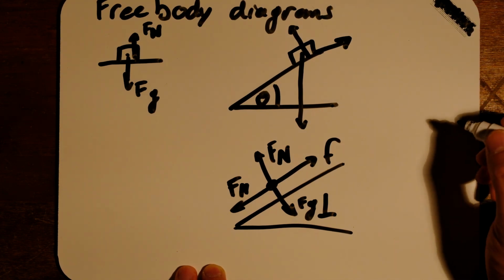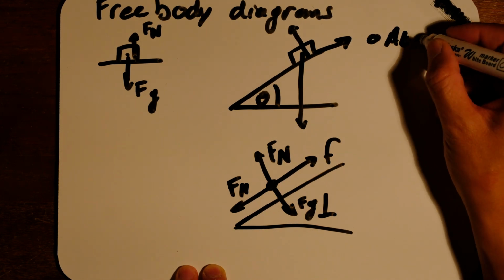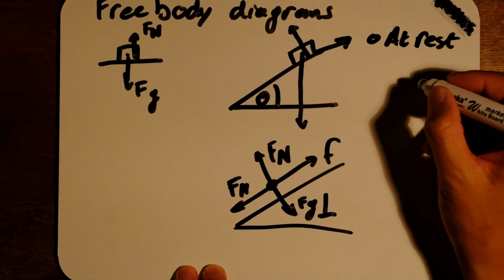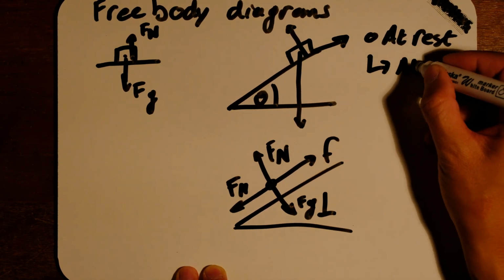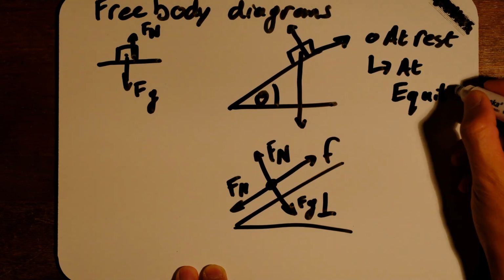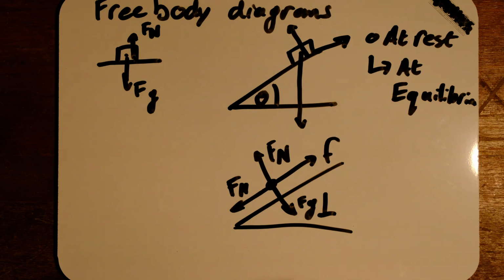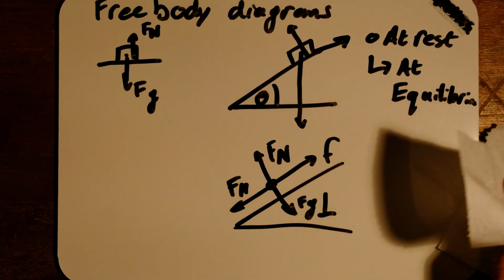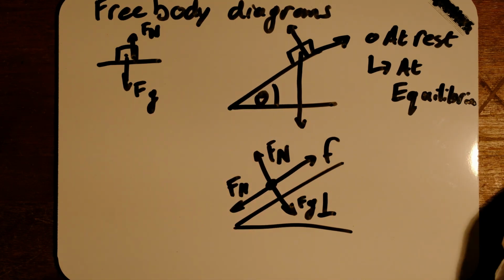Those are what will be present on an object that is at rest, or essentially at equilibrium. Alright, okay. Now, that's fairly easy to remember.